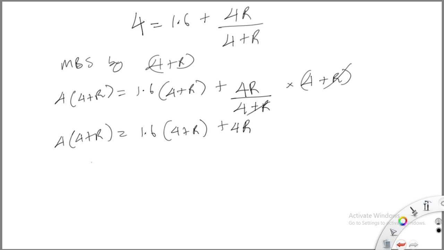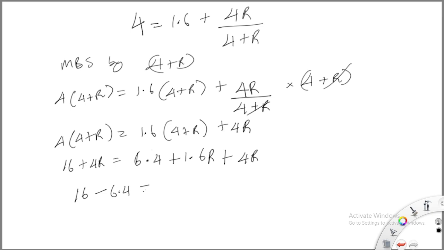Am I correct? This would be 16 plus 4R is equal to 6.4 plus 1.6R plus 4R. So what do we do now? We collect the like terms. Here we would have 16 minus 6.4.